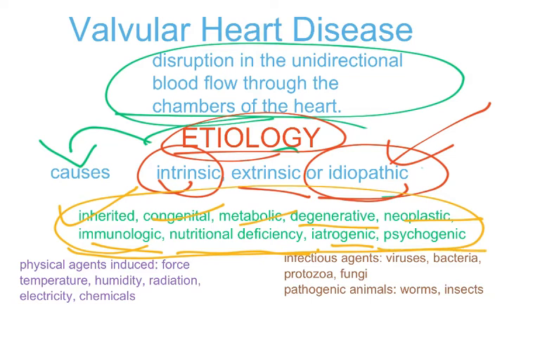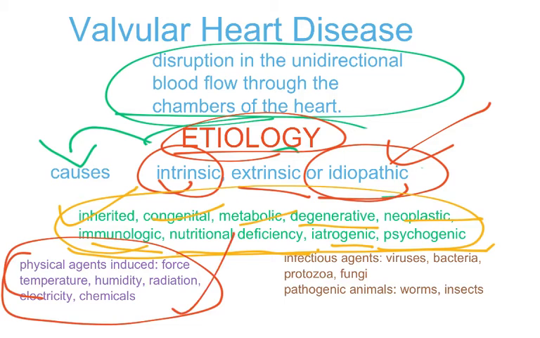It could be psychogenic, and then the other causes could be physical agents induced, right? So we're thinking about force, trauma, temperature, humidity, radiation, electricity, chemicals can be a cause of a disease, right?